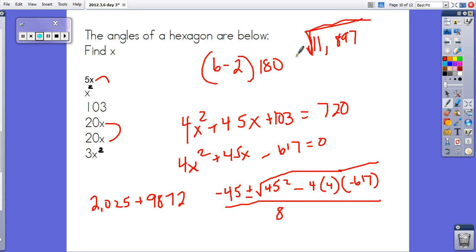So we're going to leave it as negative 45 plus or minus the square root of this divided by 8. And I know that I'm not going to use the minus sign because one of my angles is 20x, so I can't get a negative angle. So I'm going to use the negative 45 plus the square root of 11,897.